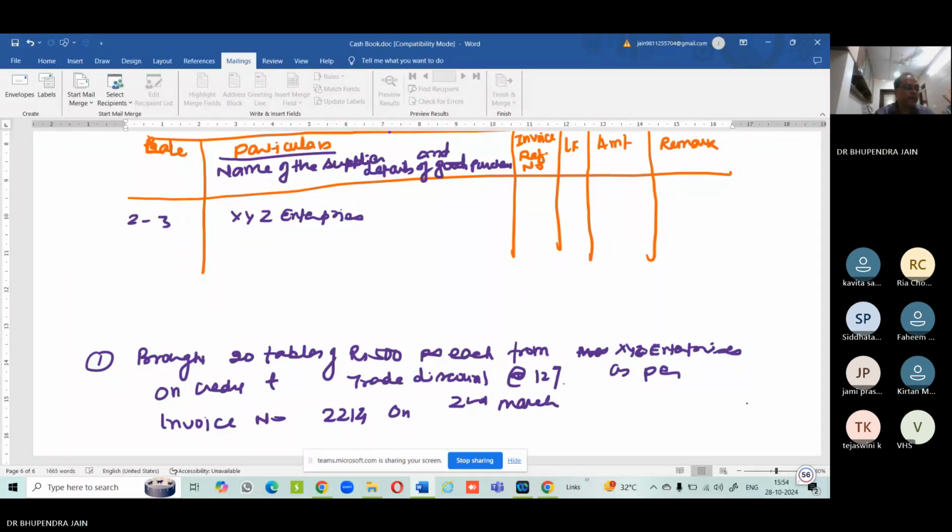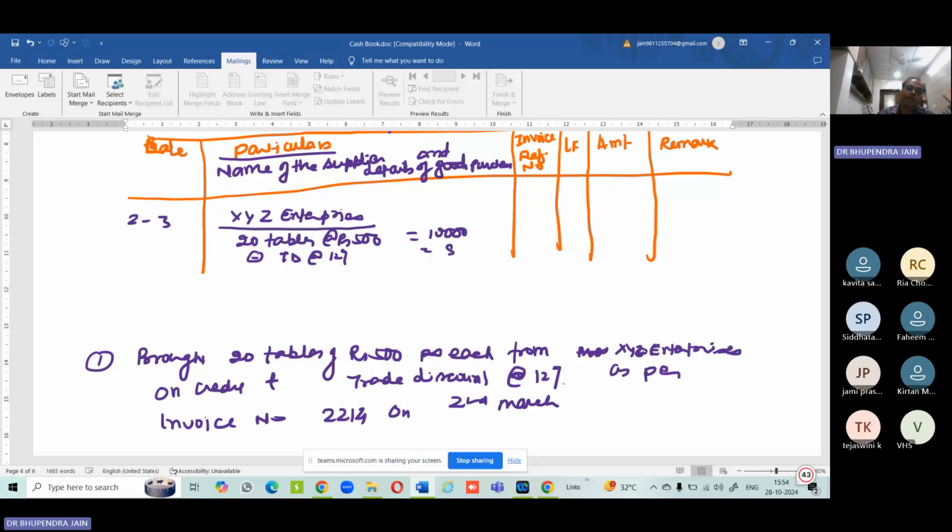Okay. Now we have to give the detail of the quantity purchased. So we purchase 20 tables at the rate of rupees 500 per table. Total is 10,000. Less trade discount at the rate of 12%.